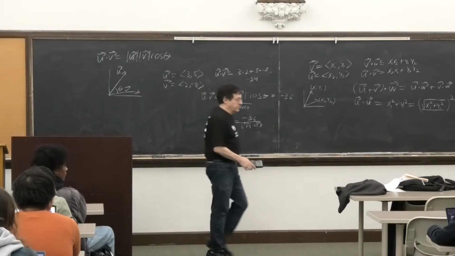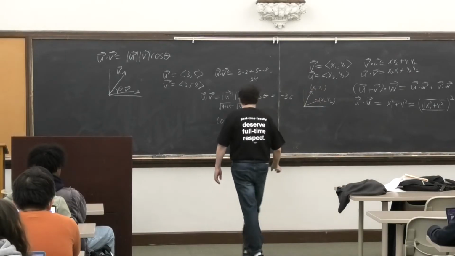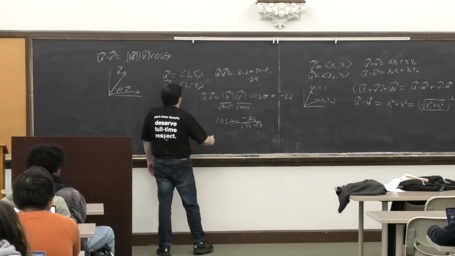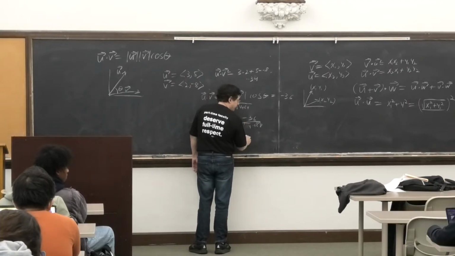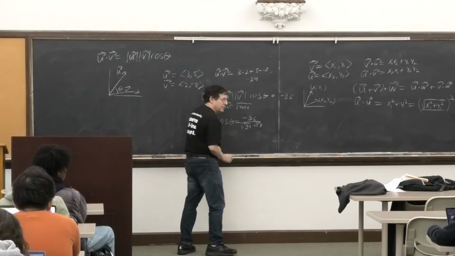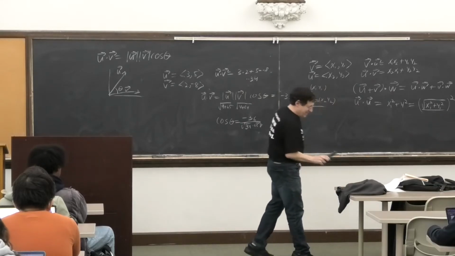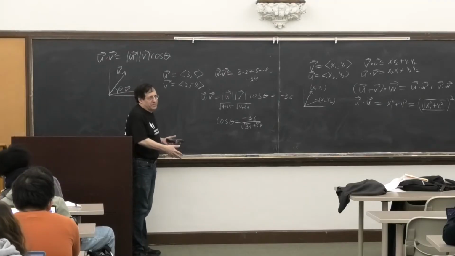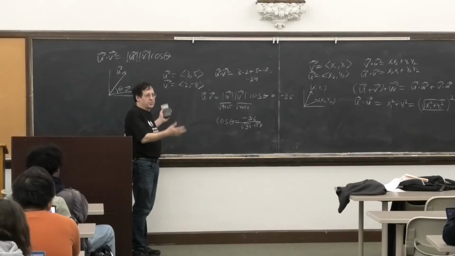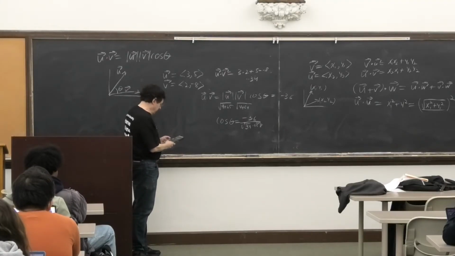Still wrong. Is that 9 plus 25? The square root of 9 plus 25? Because you said it's the square root of 24, which is... Thank you. You know, you get to this point, you're a professor, you can do advanced algebra, but you can't do simple math. There's only so much room in your head.